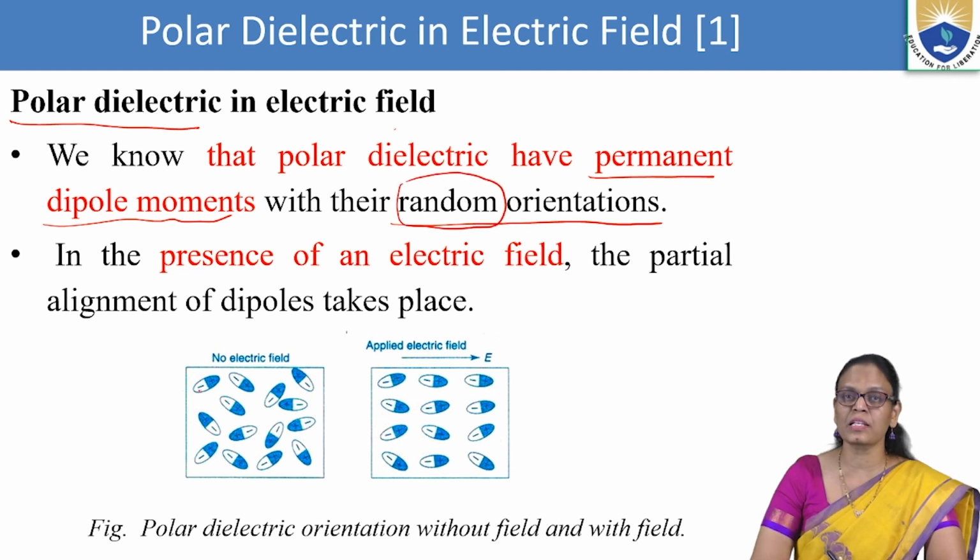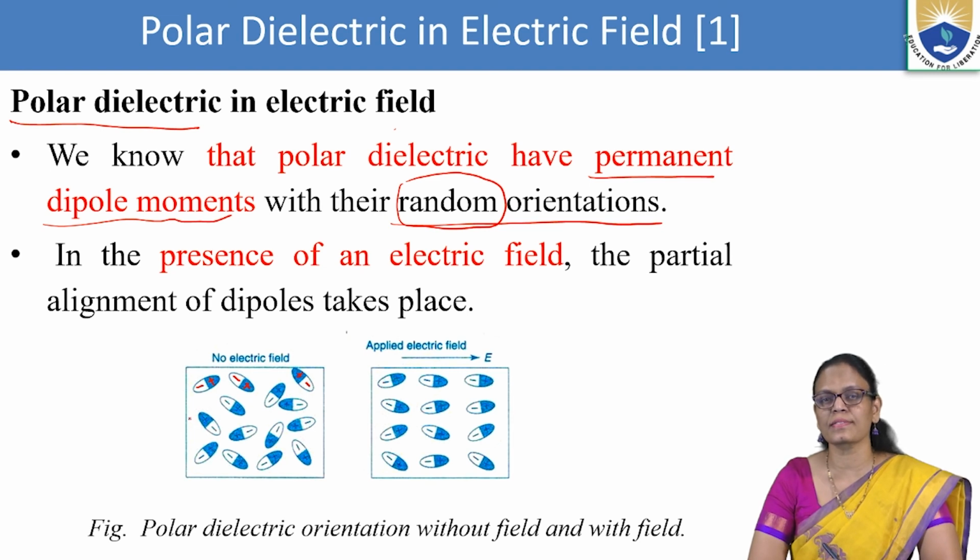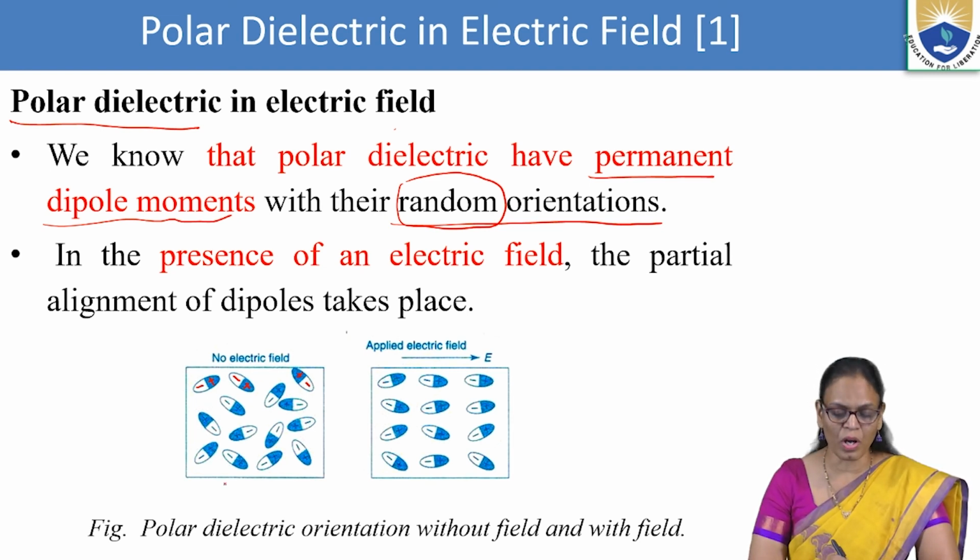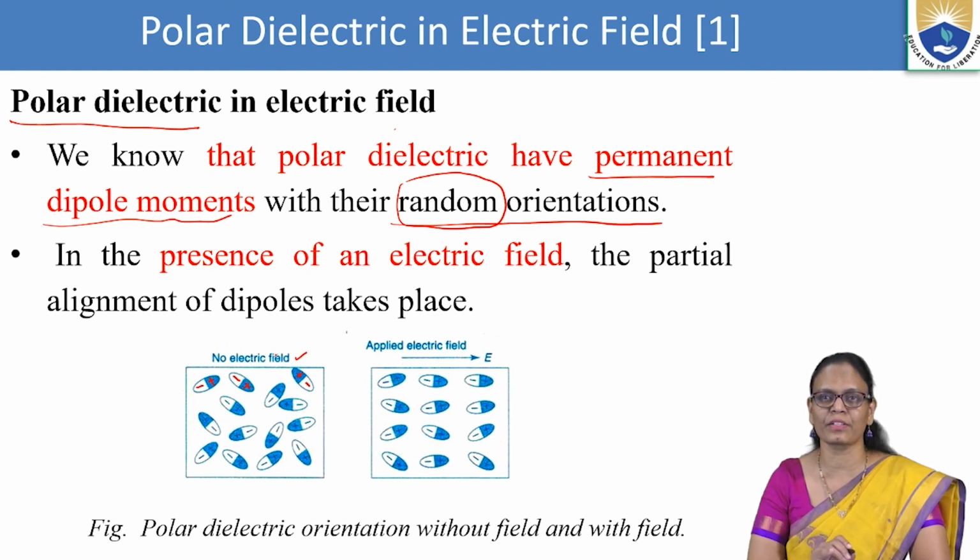If I am considering this dipole, negative, positive. But this is negative, this is positive. Like that. The positive and negative charges are separated in each dipole, but all the dipoles put together, because they are in random directions, they may cancel the dipole moments. That is in case of no electric field, when there is no electric field.